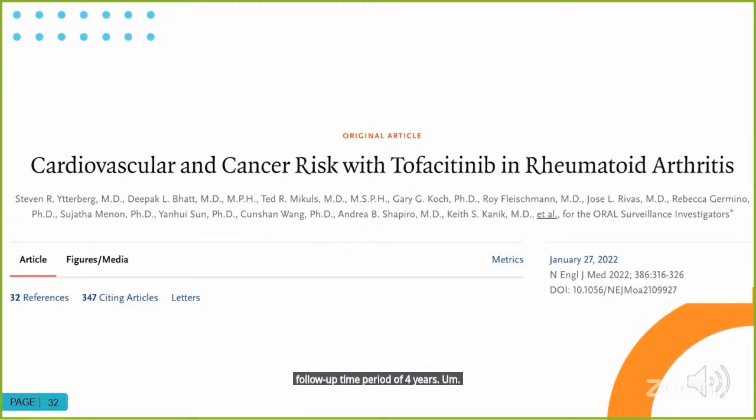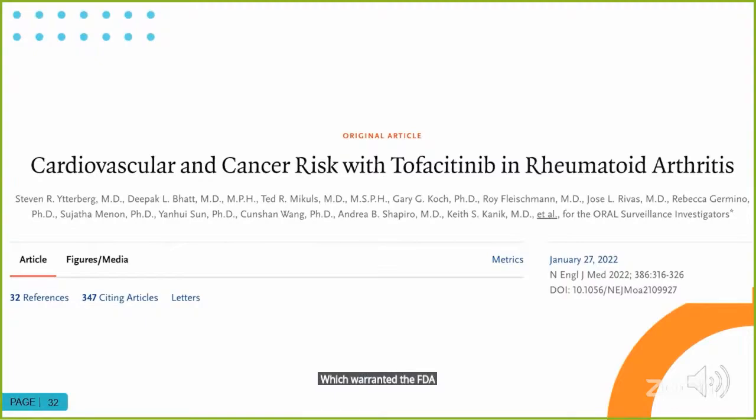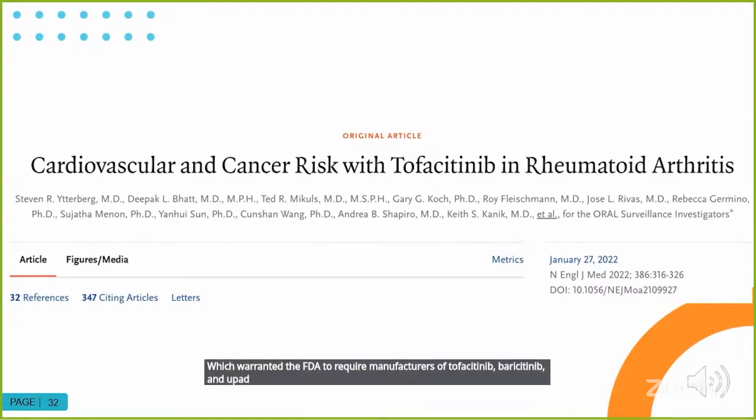And they saw in the study that the incidence of cardiovascular events and cancer were higher in the tofacitinib arms, both the 5 milligram and 10 milligrams, compared to TNF-alpha inhibitors, which warranted the FDA to require manufacturers of tofacitinib, baricitinib, and upadacitinib to update their package insert with the warning for cardiovascular events, which was not in the package insert in the past.